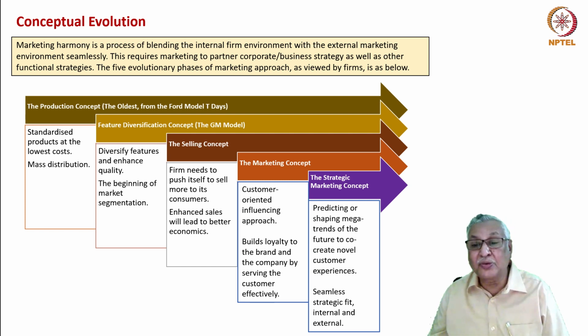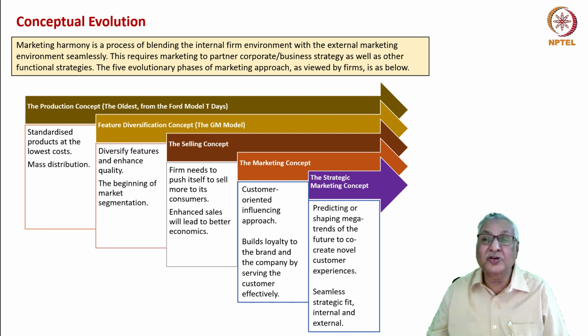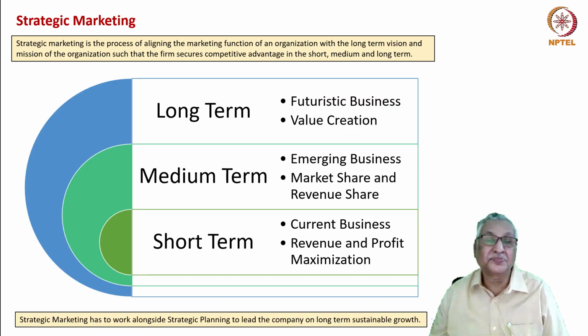Many other automobile companies could not predict that mega trend of semiconductors and let the automobiles be somewhat dated in terms of the experience. So, seamless strategic fit, internal and external, is required for understanding these mega trends and undertaking strategic market development. That is the conceptual evolution.